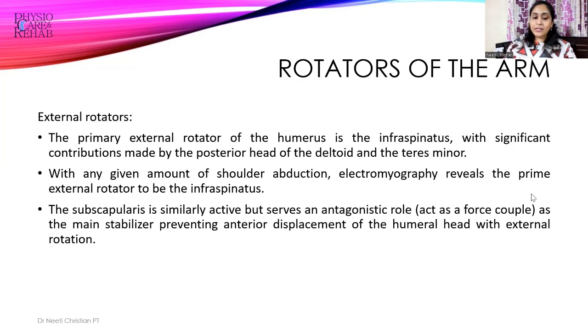The subscapularis is similarly active but acts as a neutralizing force, a force couple, an antagonist muscle. It stabilizes by preventing anterior displacement of the humeral head with external rotation.